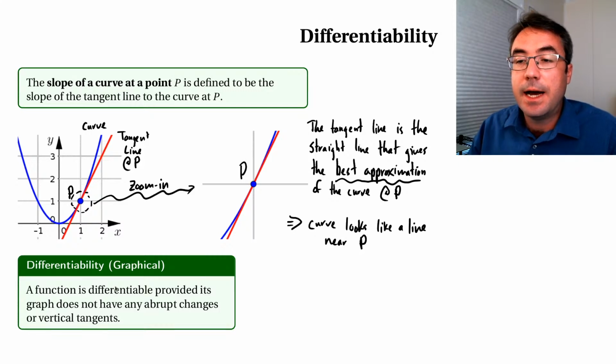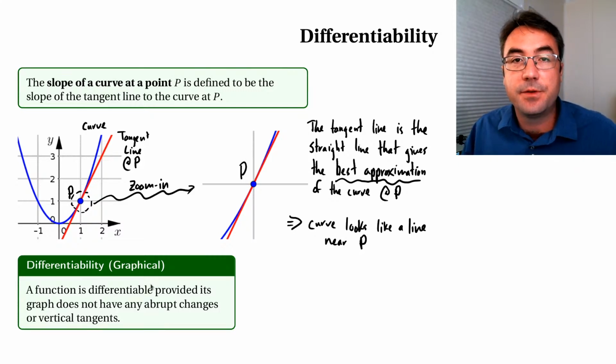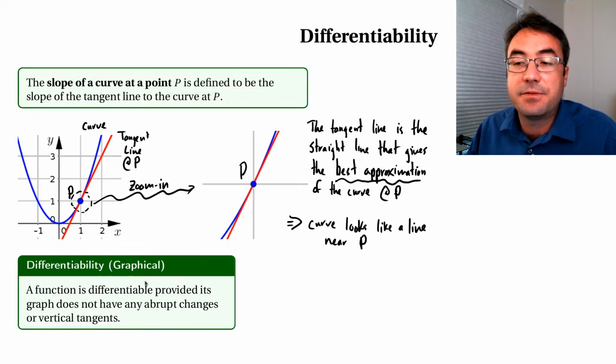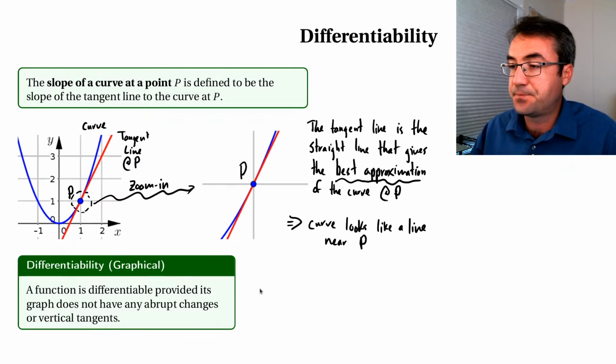And so the graphical interpretation of that is that a function is differentiable provided its graph does not have any abrupt changes or vertical tangents.